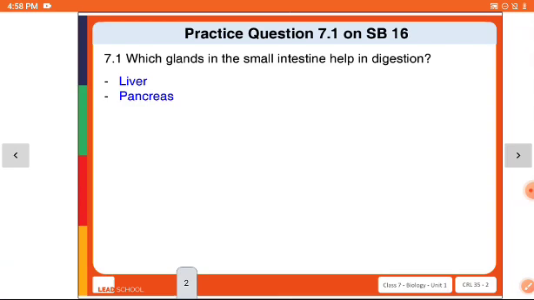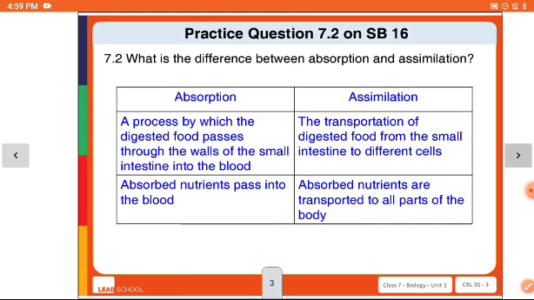Please open your practice question number 7.1 on your SB16. Which gland in the small intestine helps in digestion? There are two glands, liver and pancreas.